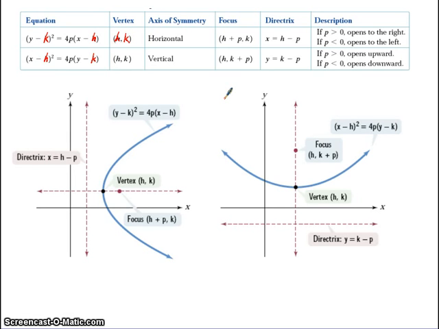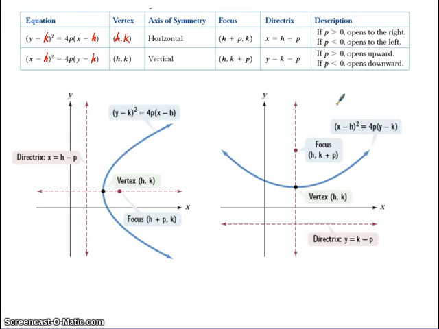I personally find it's best to find the focus and the directrix by graphing the given information and trying to come up with the focus and directrix. Also, the p-value once again tells us whether the parabola is faced up or down or left or right.